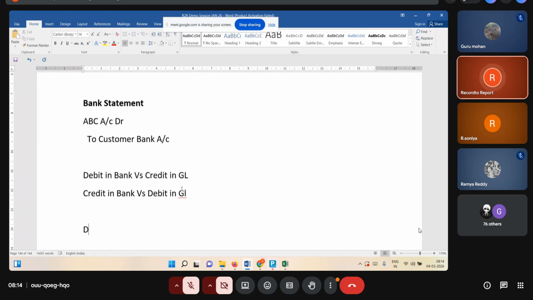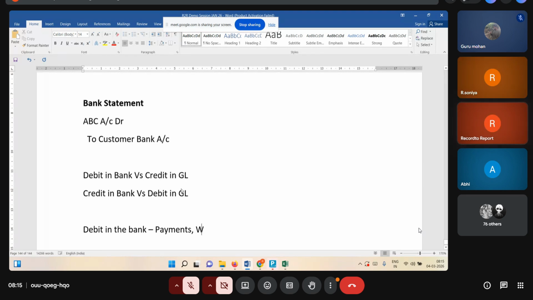If there is a debit in the bank, does that indicate a payment or receipt? Payments.